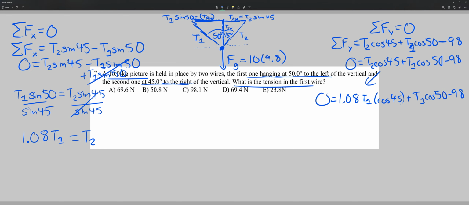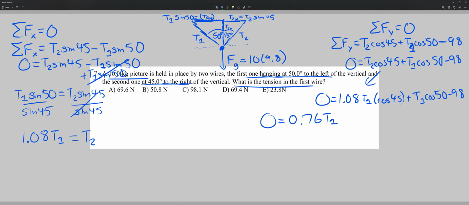Let's simplify everything first. 1.08 T1 cosine 45: cosine 45 times 1.08 gives 0.76 T1.